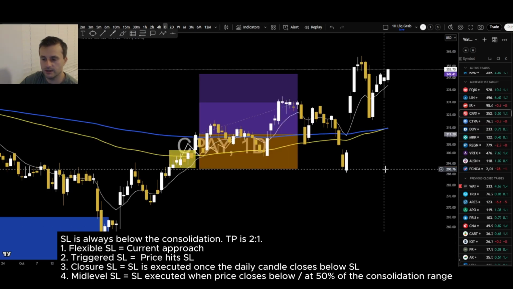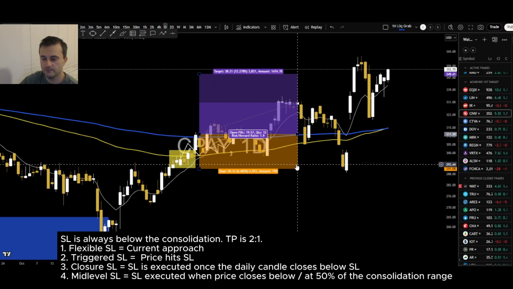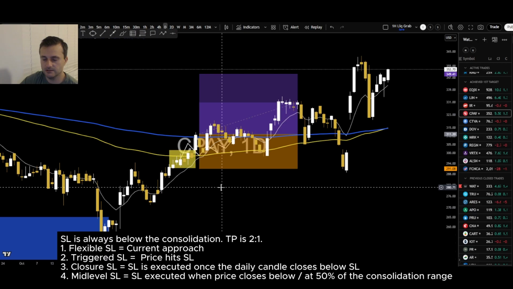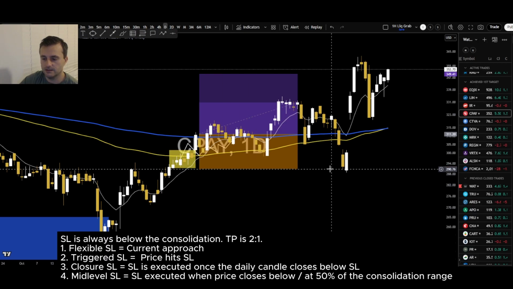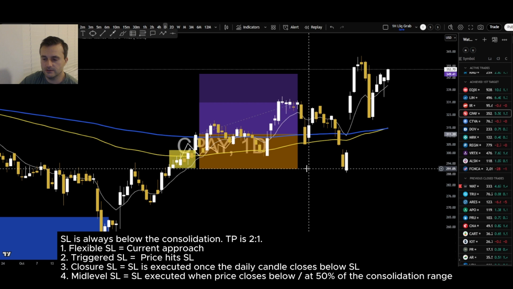So CPA is one example, again, where the first method achieved the take profit and the stop loss was never activated. The price never really closed below the range, so that also meant that I did not have to activate that stop loss.